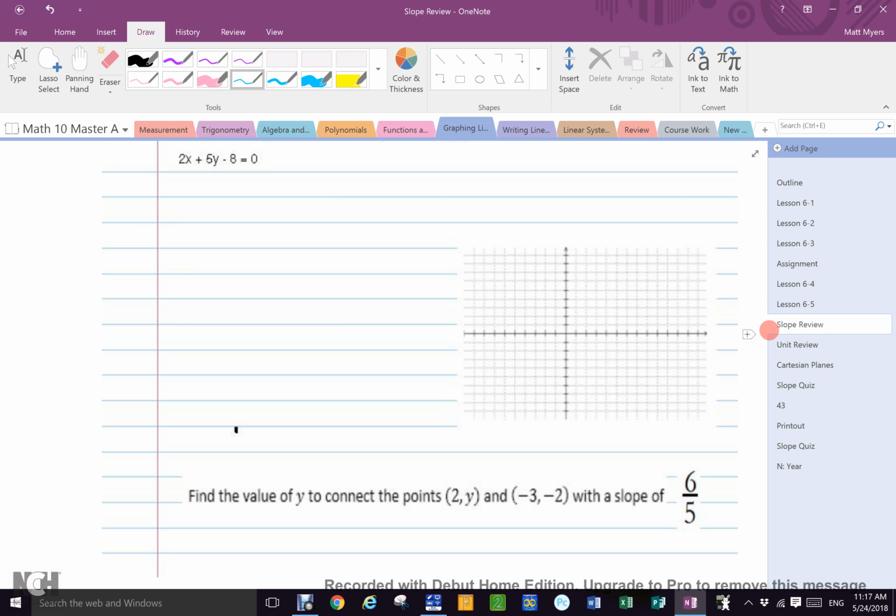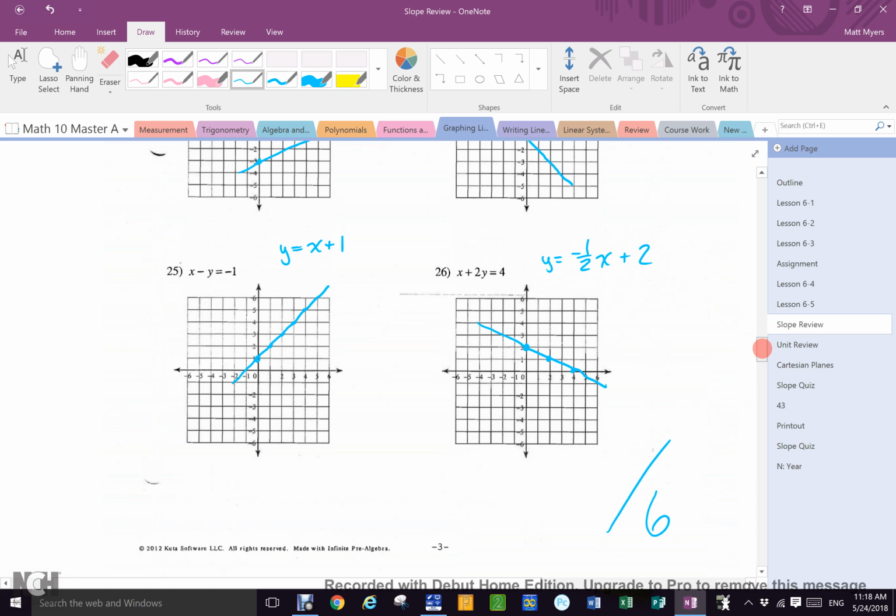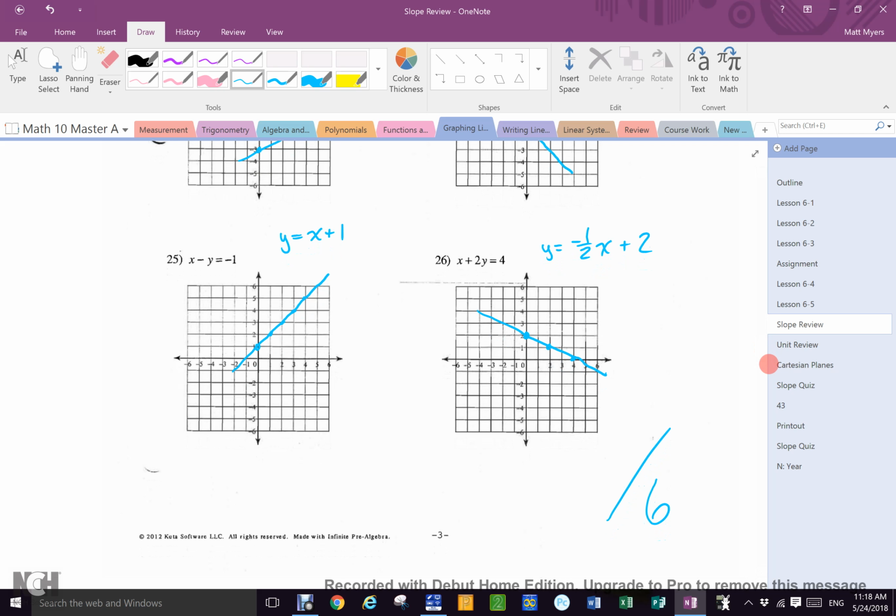Get a good start on that because you're probably not going to get it done in class tomorrow. Of course I can. Give yourself a mark here out of 26, then it'll be easy tomorrow to add.